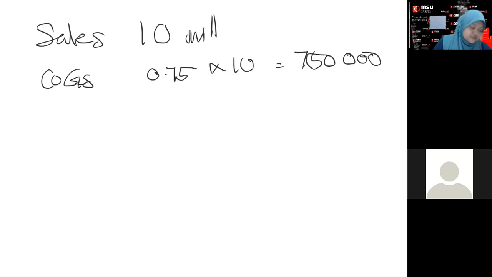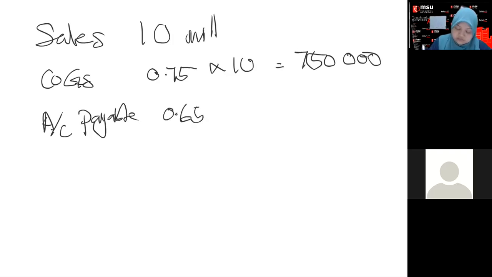And the purchases are 65%. So average accounts payable, because it's purchases, right? So accounts payable is equal to 65% of COGS, so times 750.